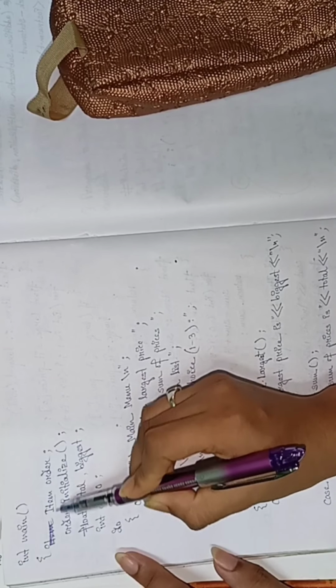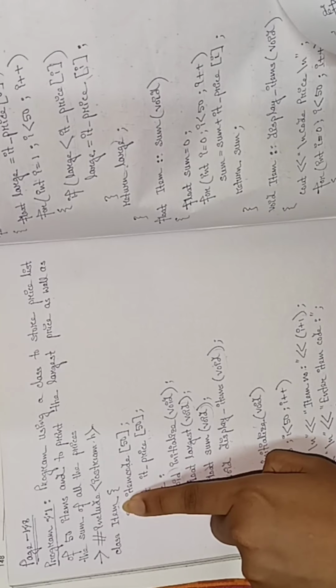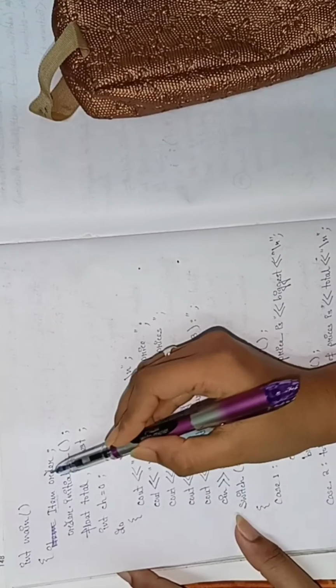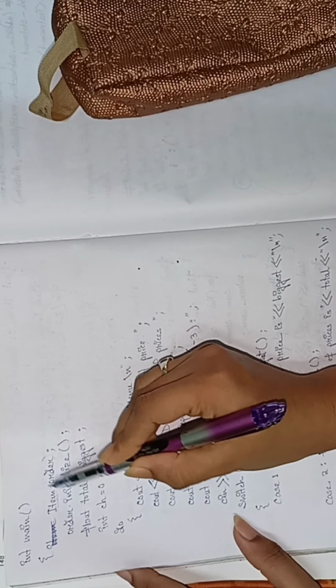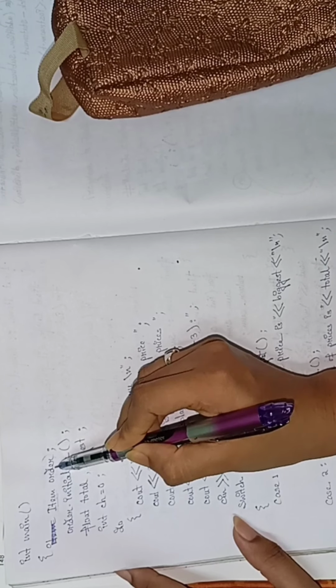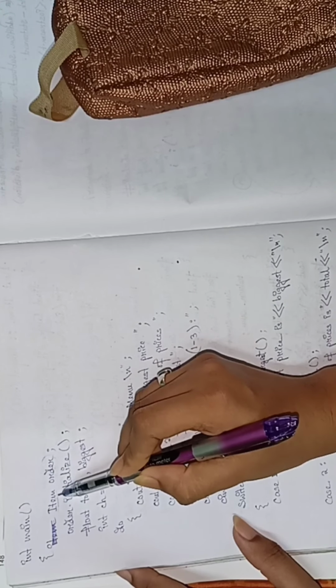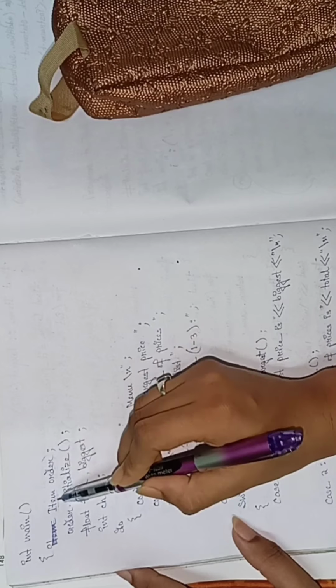So what is this? This item is nothing but the name of the class, and this item is having one variable order. So this order is what? This order is the variable of the class, means the object of the class.